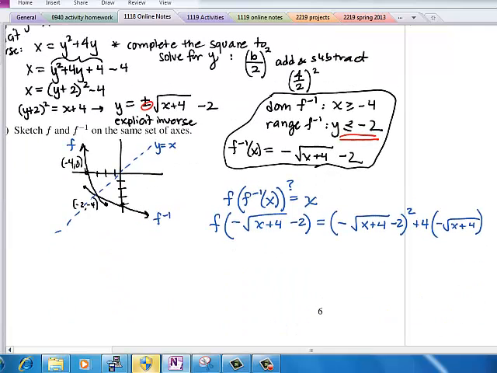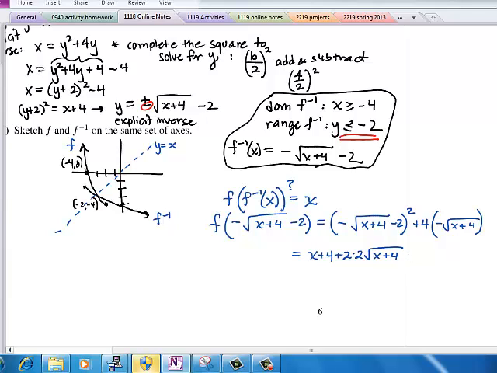So when I square this group, I have to square the binomial, which means I square the first term. The negative will square to be positive. The square root will square to give me just x plus 4. Then I have plus 2 times the product of these two terms. So that would be 2 times 2 square root of x plus 4.